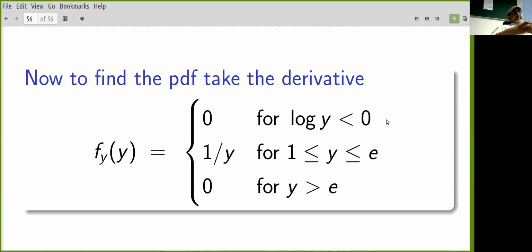The other way, which will be easier in many cases, is to find the CDF for y first, and then take its derivative to find the PDF for y.